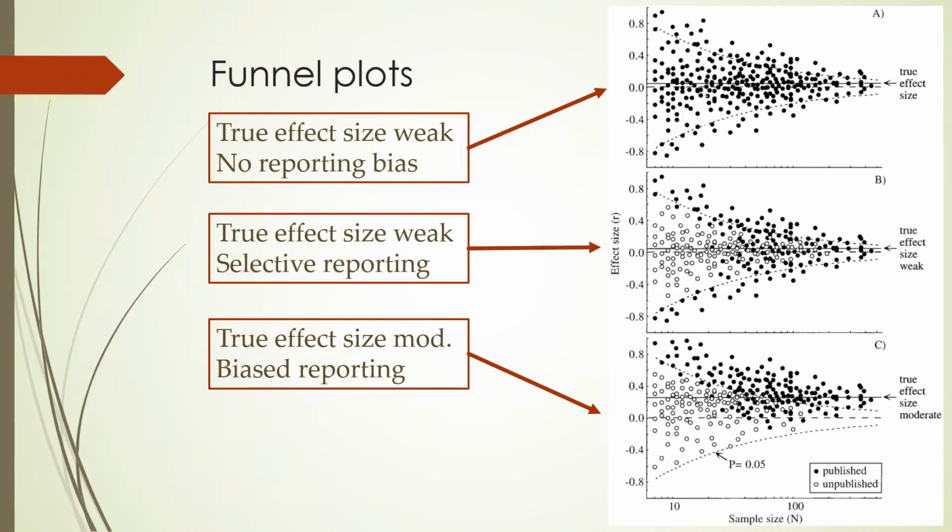And then those dotted lines indicate the region of significance. So outside of those dotted lines, the effect size combined with sample size would be significant, and inside those dotted lines it would be non-significant. You can see the p equals 0.05 at the bottom there.